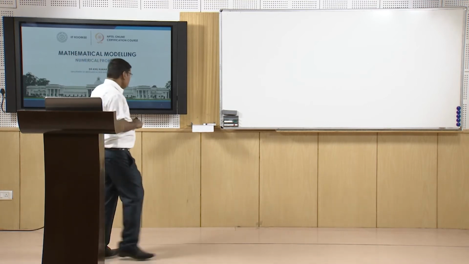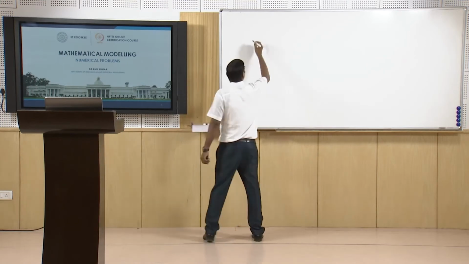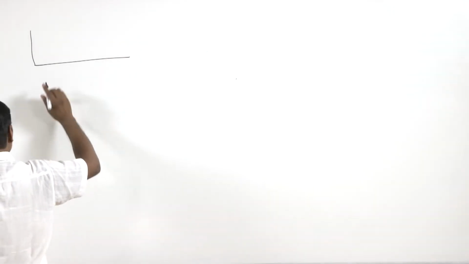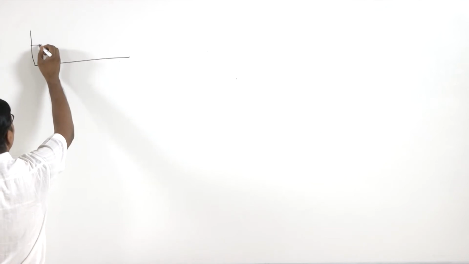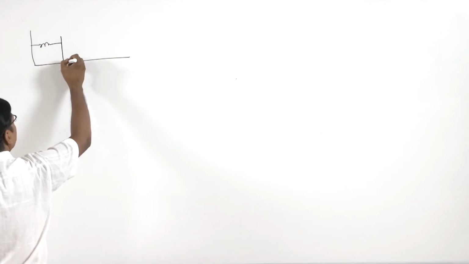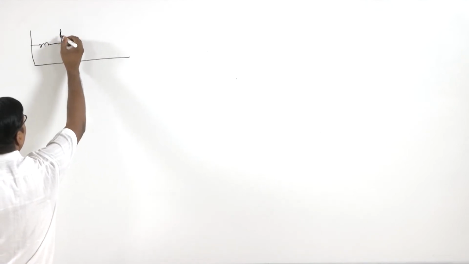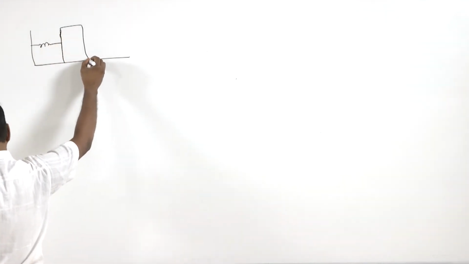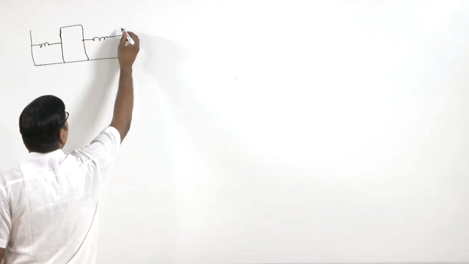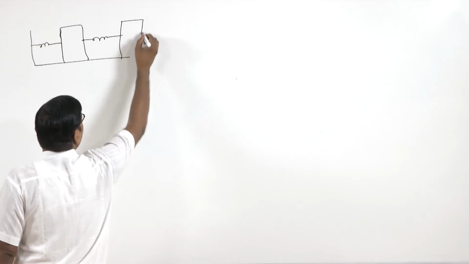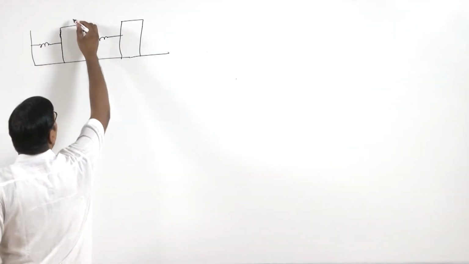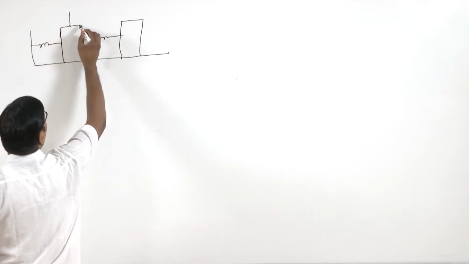So this system is something like this. Here we have a spring and there is a mass. Then there is another spring, there is another mass, and on these there is one more mass.